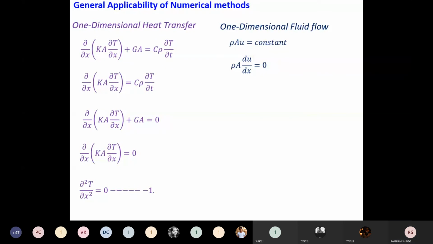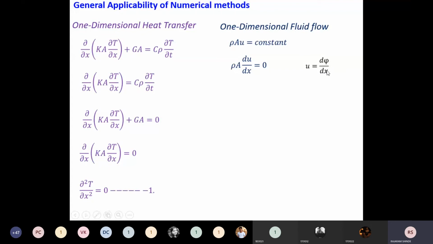Next, u is the velocity, and if I consider phi as a potential function, then the derivative of the potential function with respect to x is the velocity. This you have studied in fluid mechanics in second year.